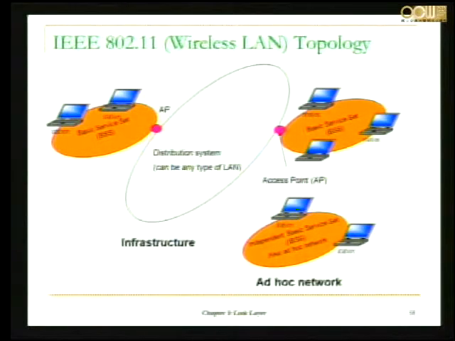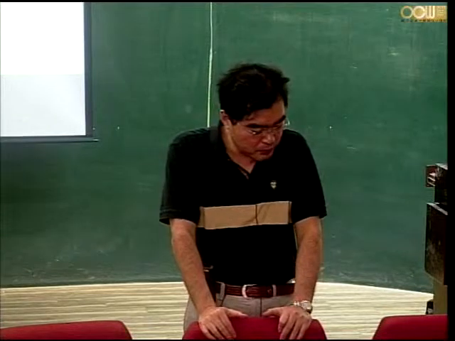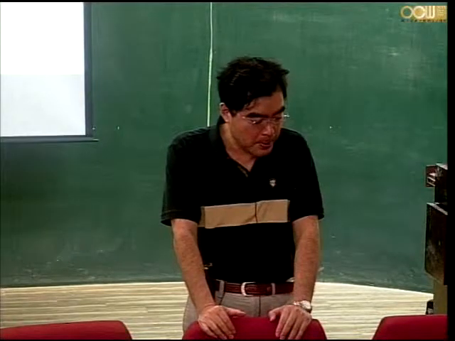They talk to the access point first. So if A wants to talk to B, it sends a packet through the access point, and then the access point sends it to the other station. So it's the access point doing the relay.